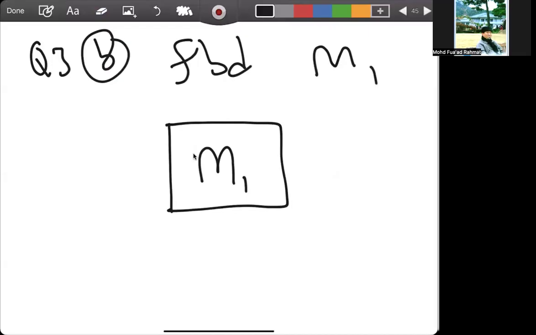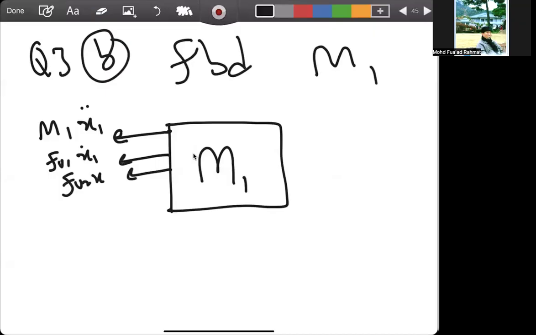So what I will do is I do like this. M1, x1 double dot, for the free body diagram. x1, x2, x3. FV1 x1 dot, FV2 x1 dot, FV3 x1 dot.